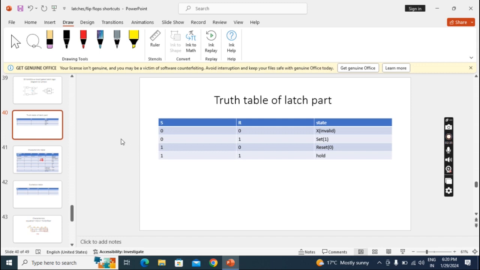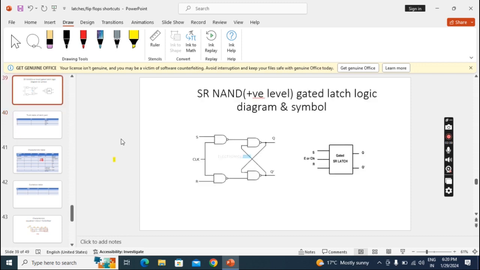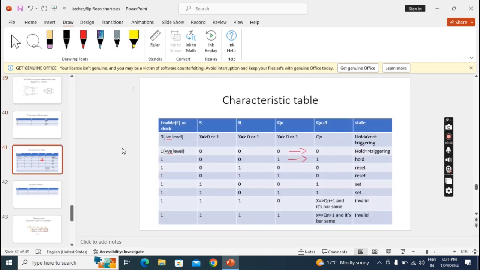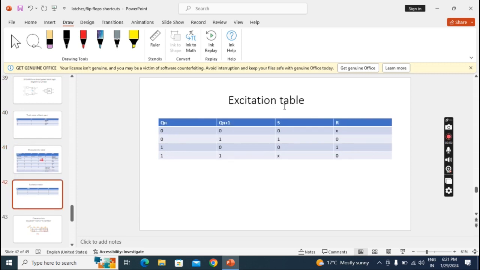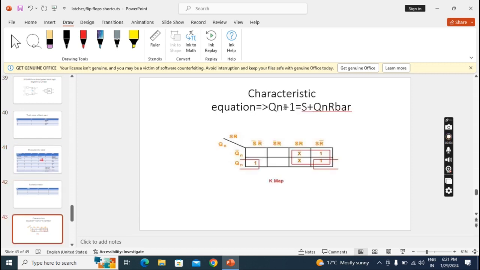Okay. So in any gated latch or flip-flop also, the design process is: after drawing this symbol and logic diagram and this latch truth table, the non-gated latch truth table, then we have to do the characteristic table, then we have to do the excitation table, then we have to do the characteristic equation. These are the steps.